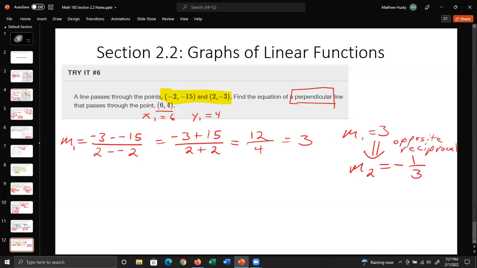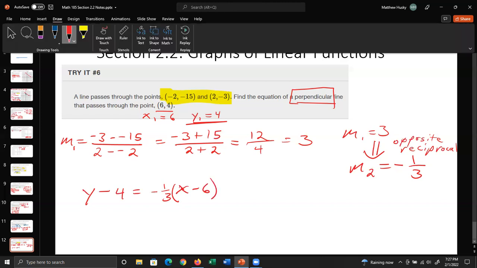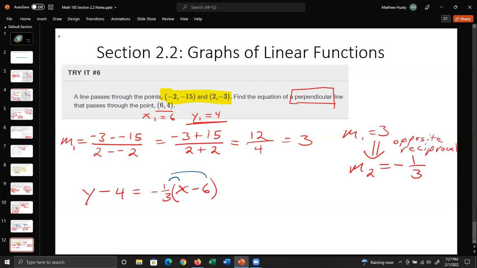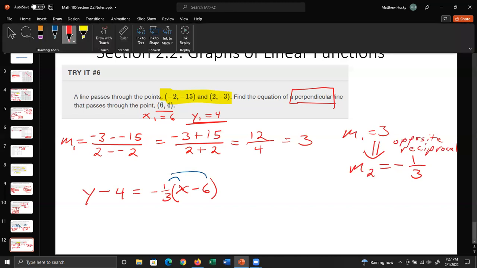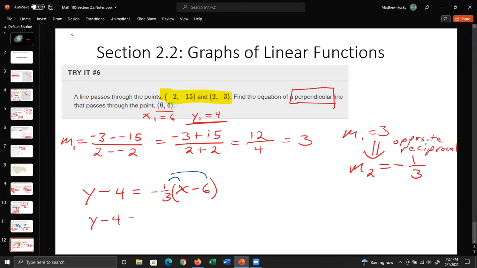Okay, so what we will do is say y minus the y value, which is a 4, will equal -1/3 times (x minus the x value, x minus 6). Let us do the distributive property on this. You get y minus 4 equals -1/3 x, and then you need to do -1/3 times -6.